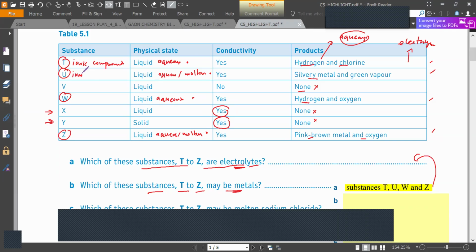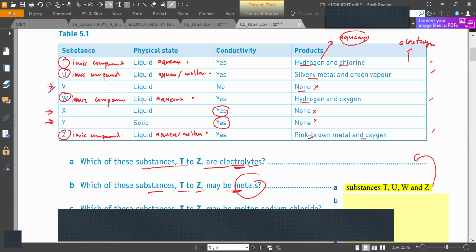This one will be an ionic compound. If electrolysis can happen, it must be an ionic compound. This one also, ionic compound. So if we want metals, it's left these three.